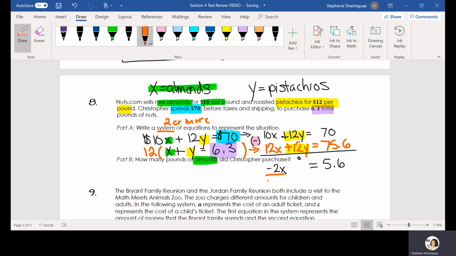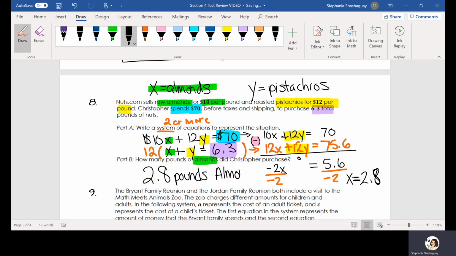Then I have to divide by negative 2 and divide by negative 2, and I find x is equal to 2.8. So that means that Christopher purchased 2.8 pounds of almonds. Okay.